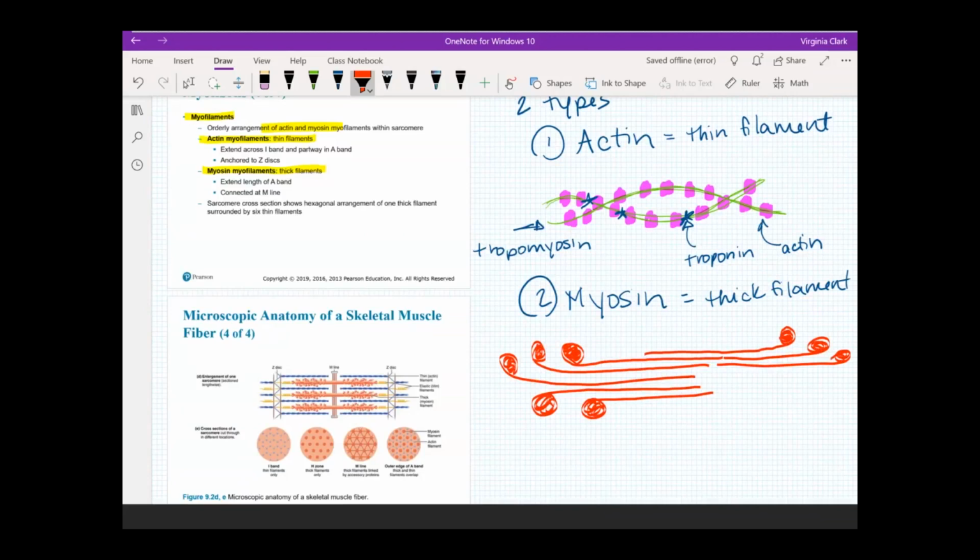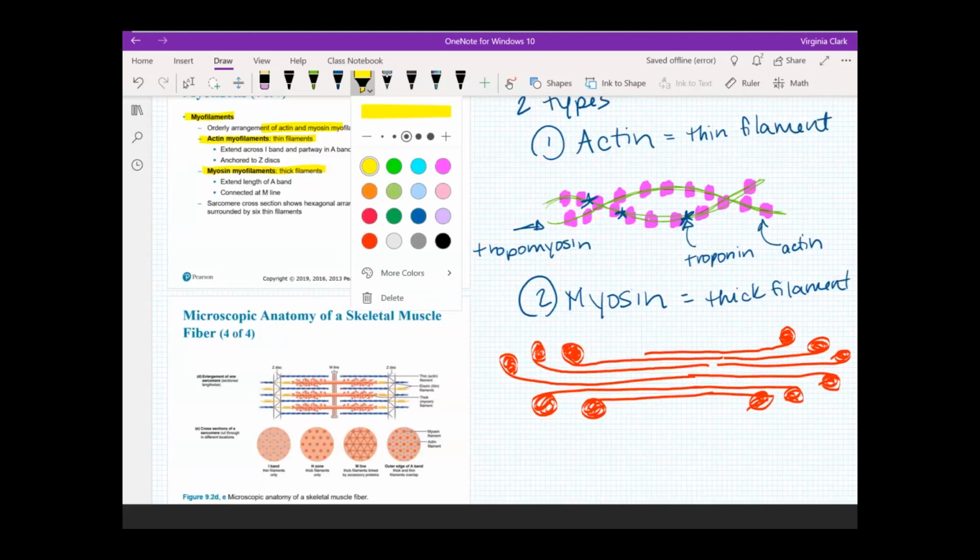So a myosin filament, which is a thick filament, looks like golf clubs together with the heads all pointing in different directions. There are usually about 300 myosin heads per myosin. So this is what's going on with our thick and our thin filaments.